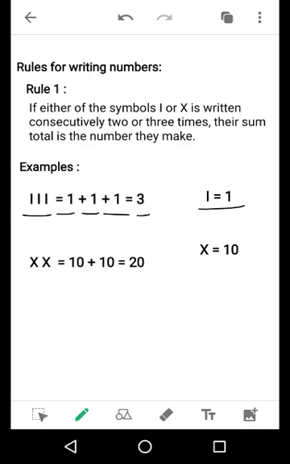Now we will take another example. Here we see 2 times X. X is written consecutively 2 times. X represents 10, so the value of both X will be added, that is 10 plus 10 equals 20.